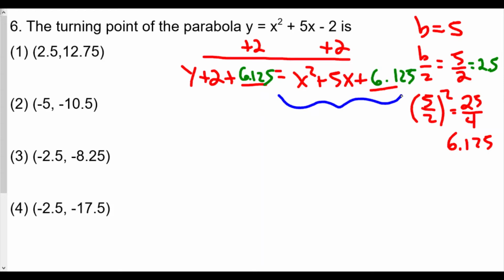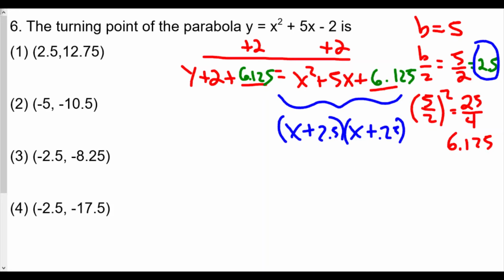Well, here's the thing. We said before not to worry about factoring. We mentioned that we would have x and x, and whatever the b over 2 value was, and that's 2.5. So plus 2.5. Yes, it will work out, because 2.5 times 2.5 is 6.125, and 2.5 plus 2.5 is 5.